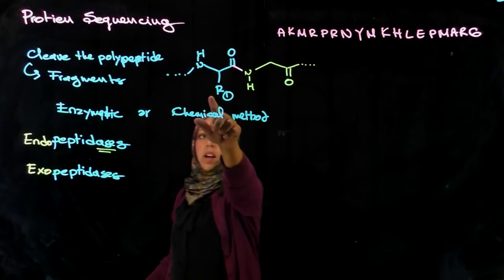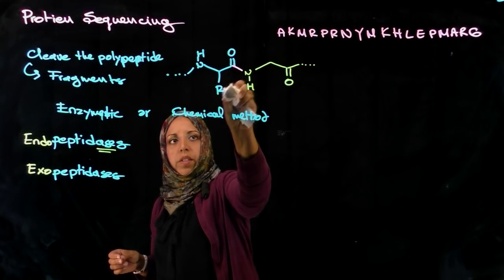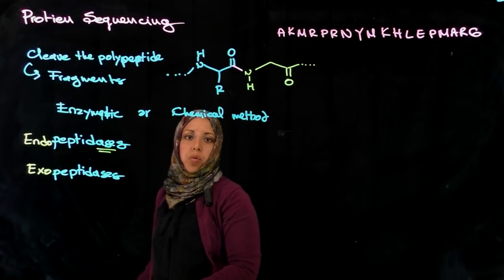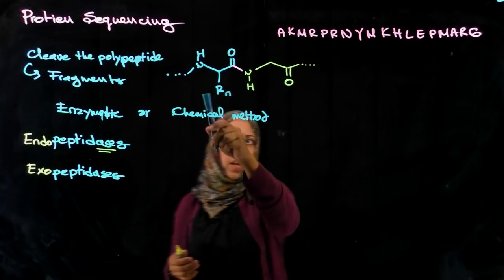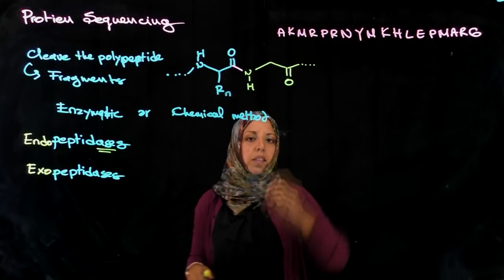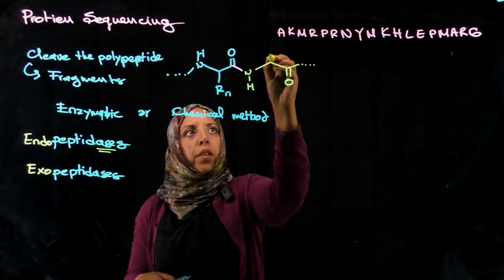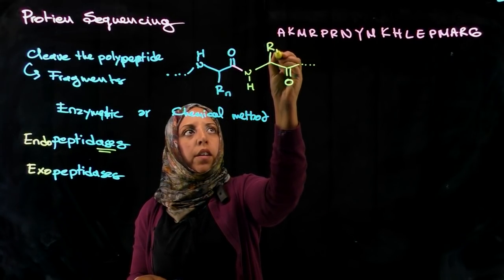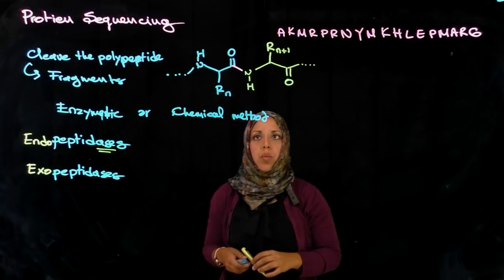Suppose that R is an amino acid within the sequence, but to identify which one it is, I'm just going to call it Rn. It's the amino acid number N within the sequence. It could be like aspartic acid. And right here would be R N plus 1. Whatever this is, this would be N plus 1.